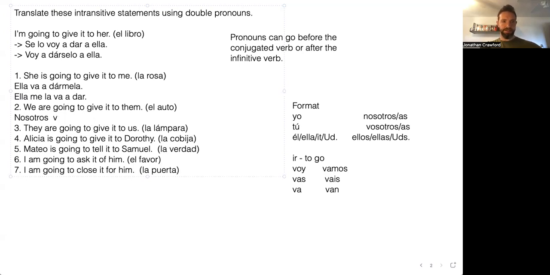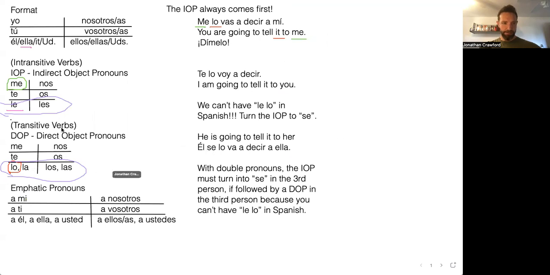So let's do the easy one first. Vamos a, and then dar, les. Well, we can't have les. Les would be to them, right? We would say to them because les a ellos would be to them, a ellos. That'd be les.